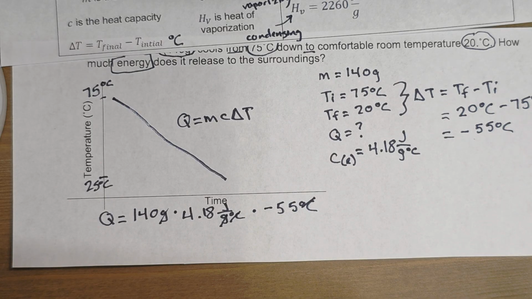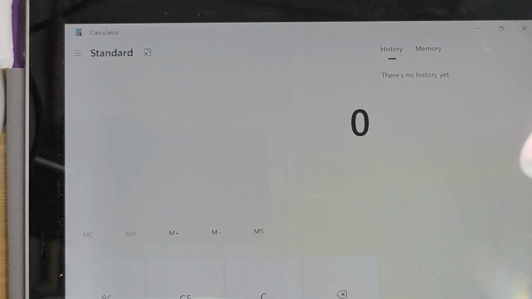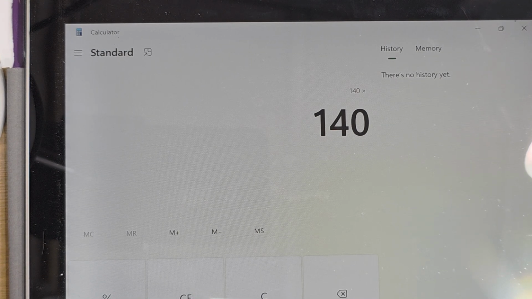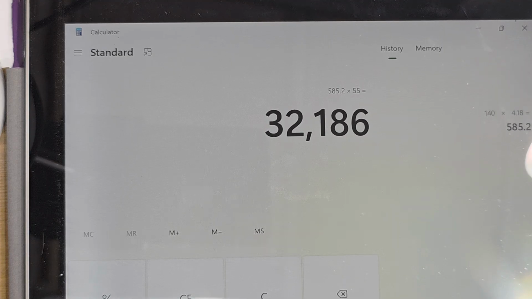Let me open my calculator. My big giant calculator. And I get 140 times 4.18 times negative 55. Oop, it didn't leave the negative in there.